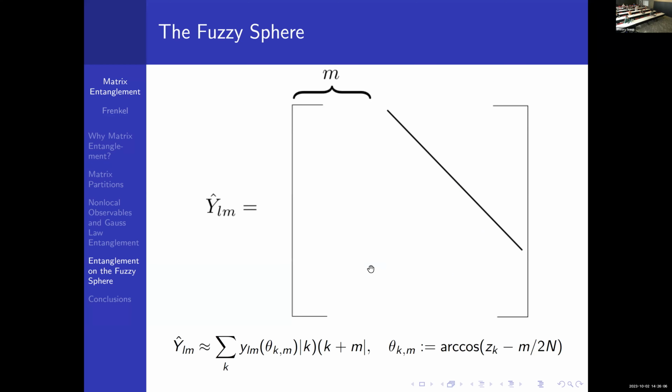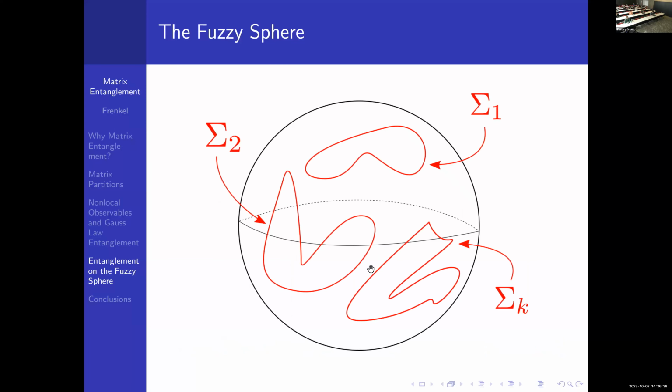Right. The structure of spherical harmonics as just particular matrices, in the basis where J3 is diagonal, is rather simple. You have one diagonal that's occupied. It's the mth diagonal from the center for the Y_lm spherical harmonic. And the entries of the matrix are literally just a discretized version of the classical spherical harmonic. So this is some collection of matrices that build up the algebra of functions on the fuzzy sphere.